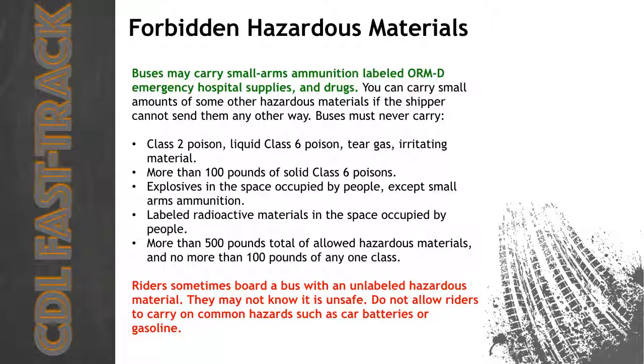Buses must never carry Class 2 poison, liquid Class 6 poison, tear gas, or irritating materials, more than 100 pounds of solid Class 6 poisons, explosives in the space occupied by people except small arms ammunition, labeled radioactive material in the space occupied by people, more than 500 pounds total of allowed hazardous materials, and no more than 100 pounds of any one class.